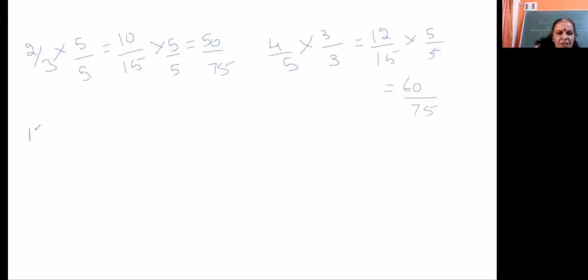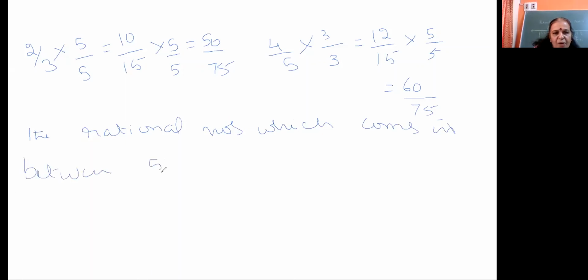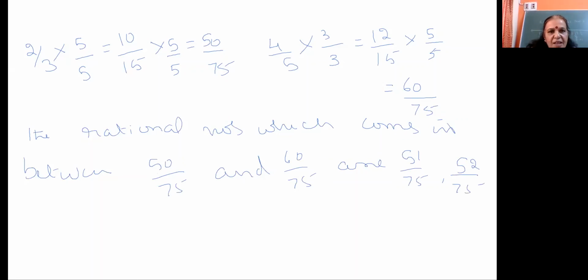Therefore, the rational numbers which come in between 50 by 75 and 60 by 75 are 51 by 75, 52 by 75, and then here 53 by 75.